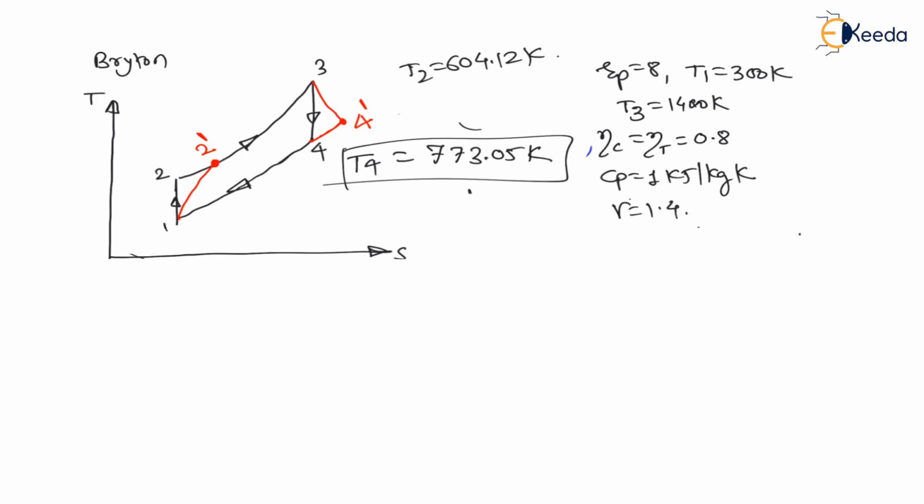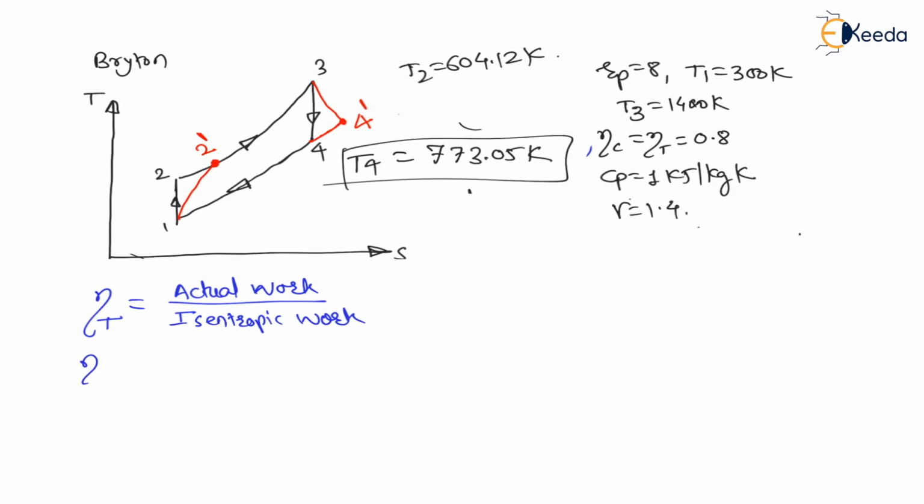Now the turbine has losses, and the turbine is a work producing device, and whenever there are losses, it will produce less work as compared to the isentropic work. Therefore the efficiency of the turbine is equal to the actual work produced by the turbine divided by the isentropic work of the turbine.